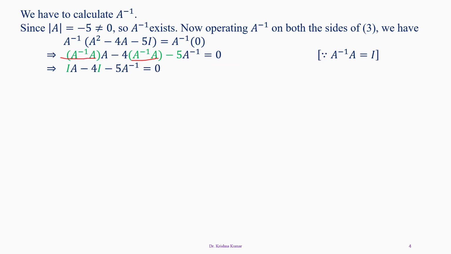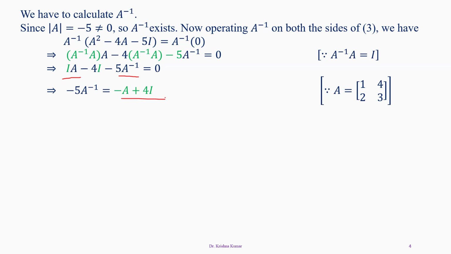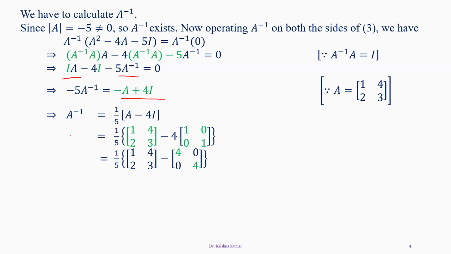A inverse A is nothing but I. So we have A - 4I - 5A⁻¹ = 0, and moving terms to the right hand side, 5A⁻¹ = A - 4I. So A⁻¹ = (1/5)(A - 4I), which is 1/5 times ([1, 4; 2, 3] - 4[1, 0; 0, 1]), and this gives 1/5 times [-3, 4; 2, -1].